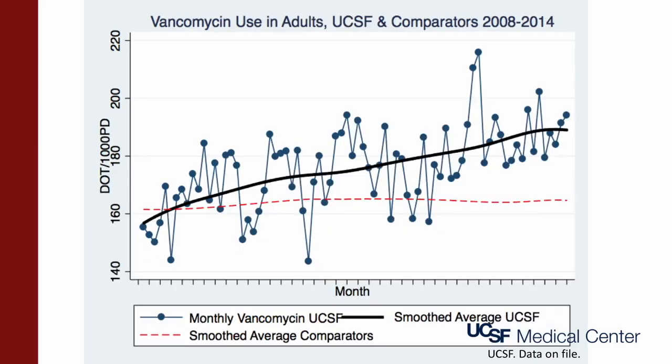Perhaps we're seeing something that was actually improving. We had made efforts to monitor vancomycin use. But looking at the data longitudinally, it was clear that we had seen a steady increase in vancomycin over time, even as the mean usage at the peer group of hospitals, indicated by the dotted red line, was essentially flat.